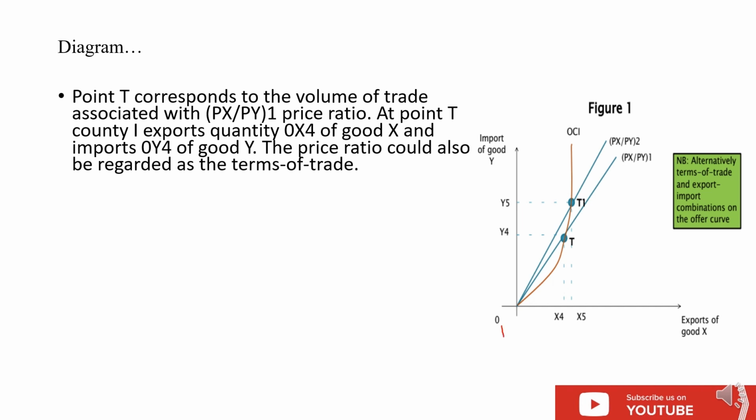How much they want to export? 0 to x4 of good x, and import 0 to y4 of good y. From origin to y4. The price ratio could also be regarded as terms of trade.